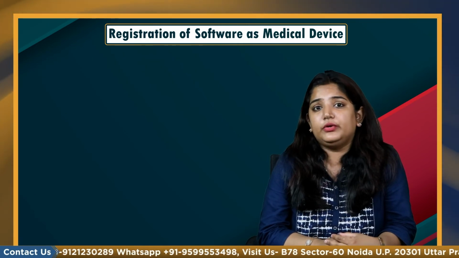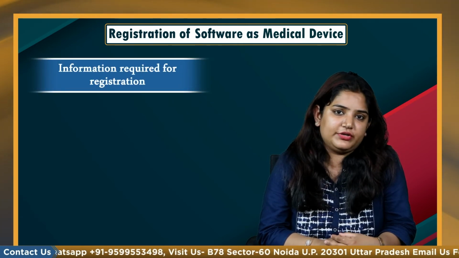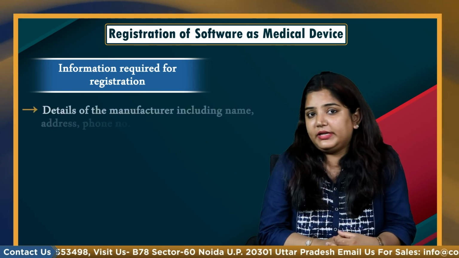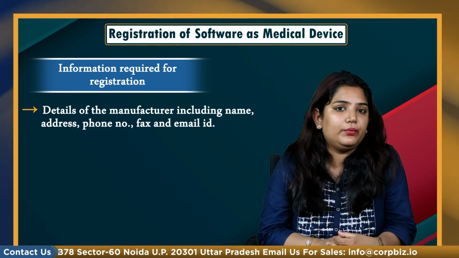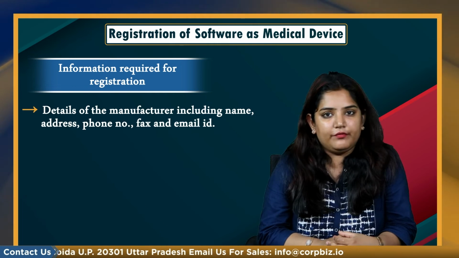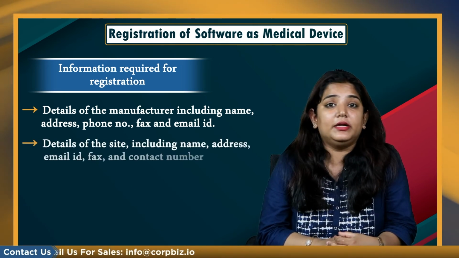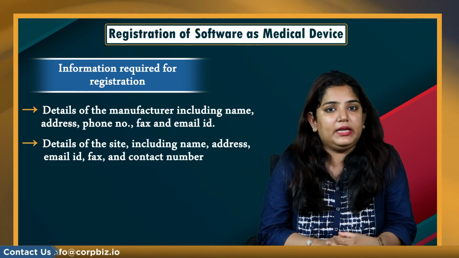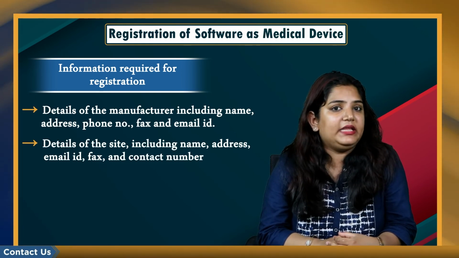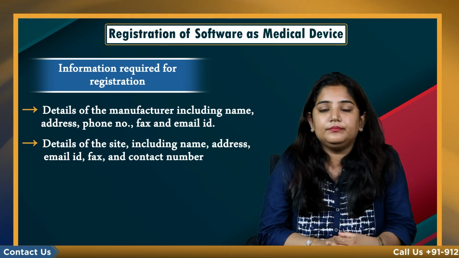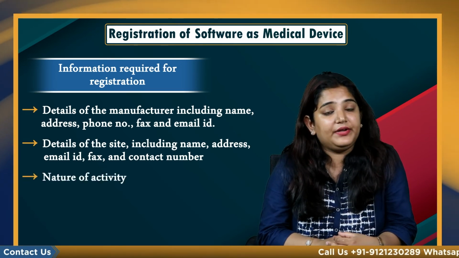Moving forward to information required for registration. First, the details of the manufacturer including name, address, phone number, fax and email ID. Second, details of the site including name, address, email ID, fax and contact number. Third, nature of activity.